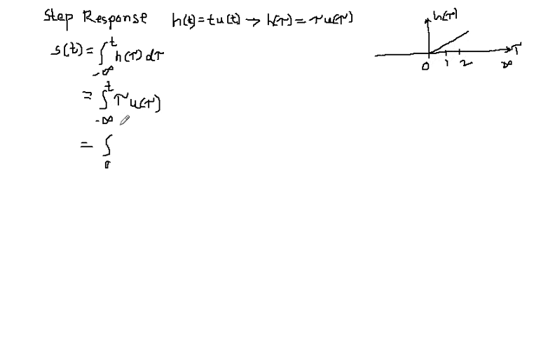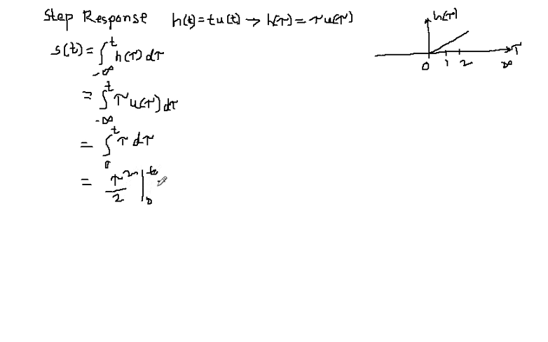So 0 to t will be our limit, and no need to write u of tau, and of course d tau should be there. So the integral of tau d tau is tau square divided by 2, from 0 to t.